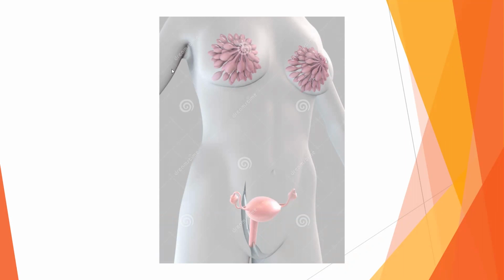First in line is the hormone that is responsible to stimulate contraction of the uterus and the milk letdown reflex. So what hormone is responsible for stimulation of the contraction of the uterus and the milk letdown reflex?